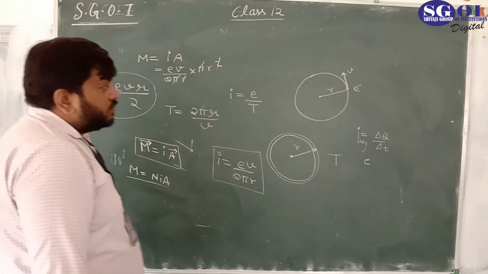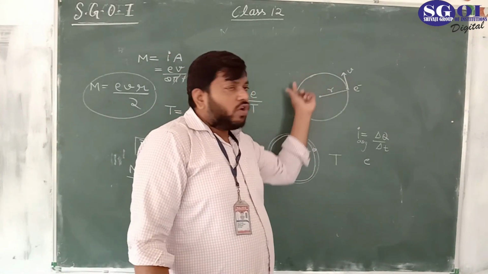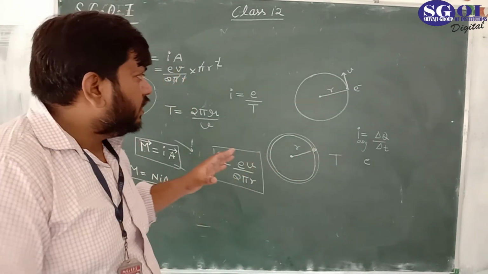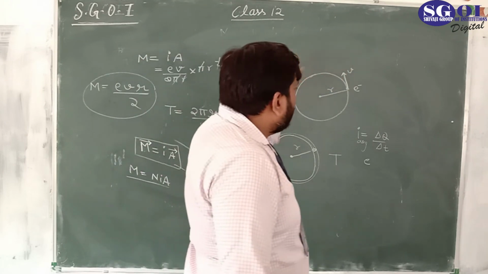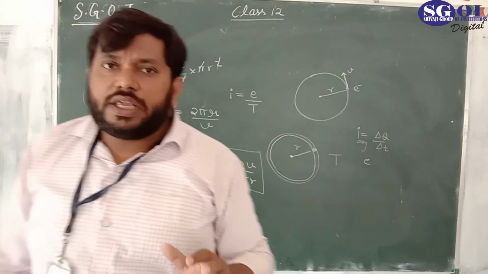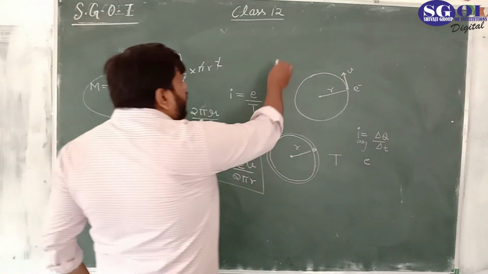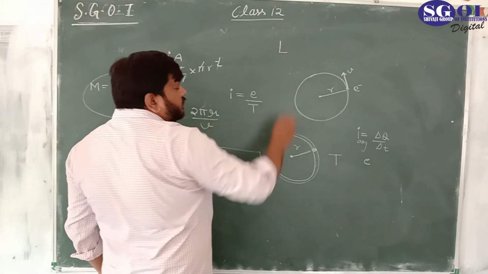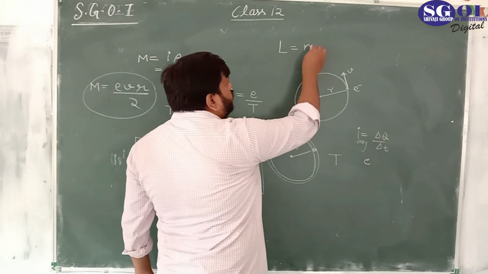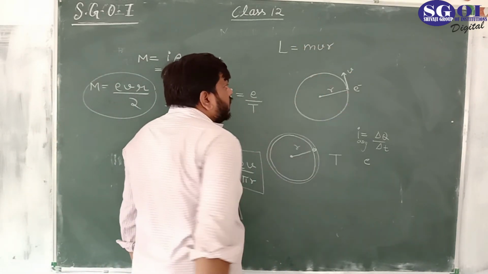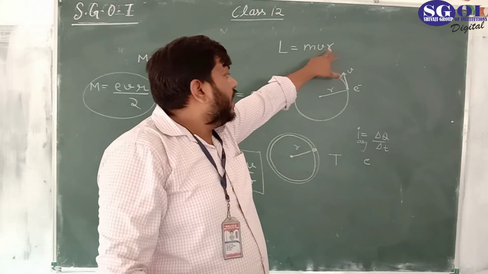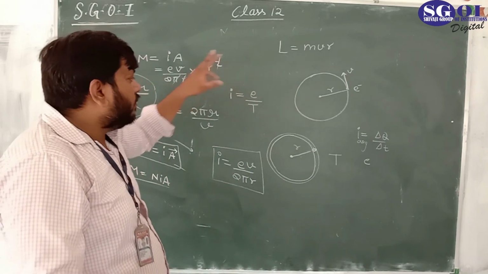We know that if there is an electron moving in an orbit, there is a concept of stability according to Bohr, and we know the angular momentum L equals mvr, where m is the mass of the electron, v is the speed, and r is the radius of the orbit.